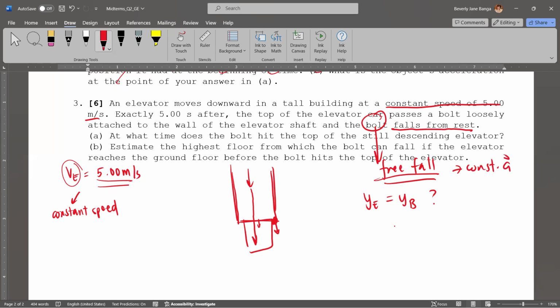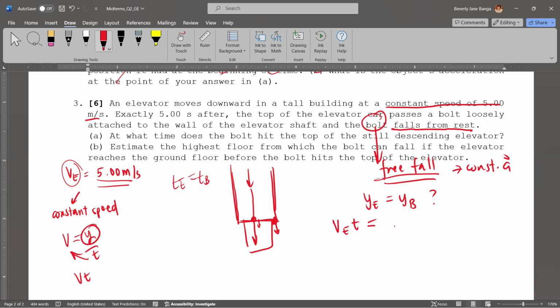So nakita nyo na to ng paulit-ulit. So again, V is simply Y over T, which means that Y is simply V times T. So V of elevator times time. So again, kung ano yung time ng elevator na gumalaw pa, after niya mapasbayan yung bolt, yun din yung time ng bolt natin. Okay, so time of elevator is time of bolt is equal to YB.